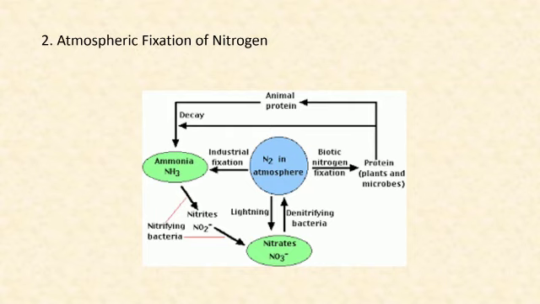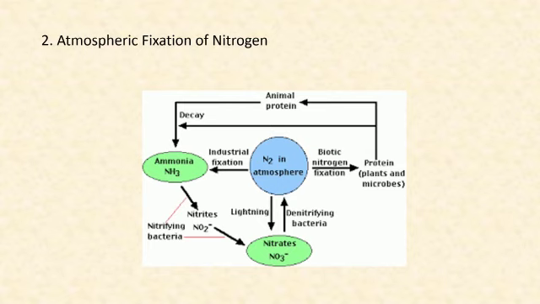Atmospheric fixation of nitrogen. Lightning occurs in the rainy season. This causes atmospheric nitrogen, which means nitrogen present in air, and oxygen to react with each other to form nitric oxide, which is again oxidized to form nitrogen dioxide.